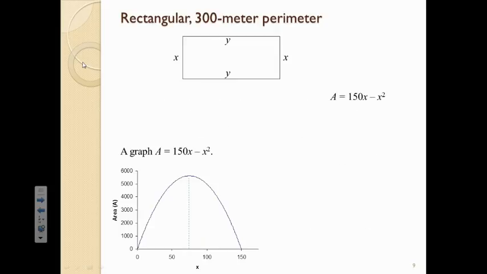Now, if this is our new area function, 150x minus x squared, if we want to find the maximum, of course, we're going to take the first derivative, set it equal to 0, and solve. As you're doing this, hopefully this is becoming almost automatic. When you want to find the maximum or minimum, you think, find the first derivative, set it equal to 0, and solve.